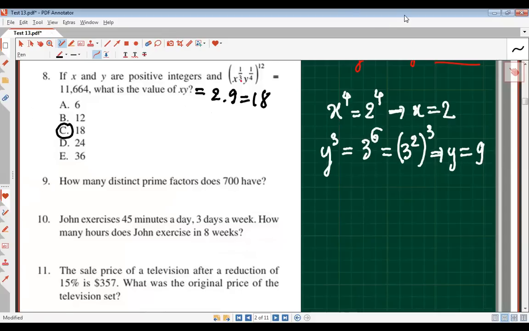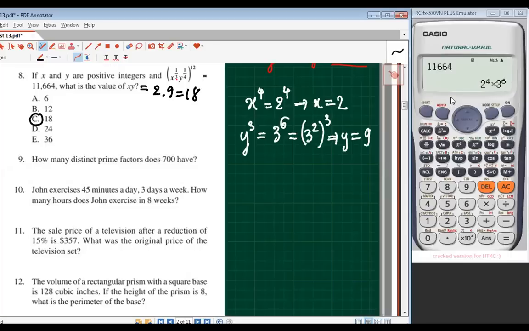I think that I can use the calculator, and you can deal with the number 700 by hands by yourself. 700 equal, shift factor here, and we have 700 equal 2 squared times 5 squared times 7, and the answer is 3 distinct prime factors. Number 2, number 5, and number 7.